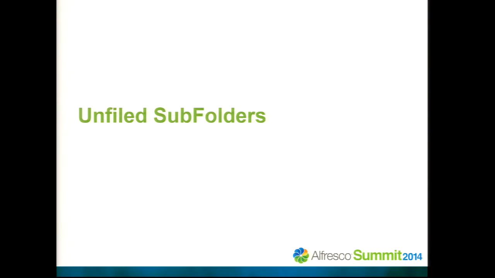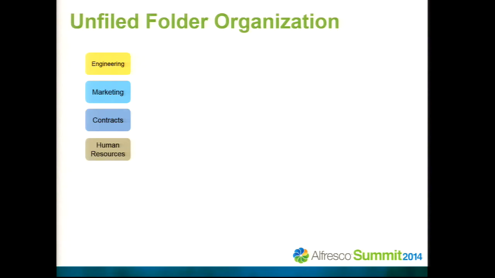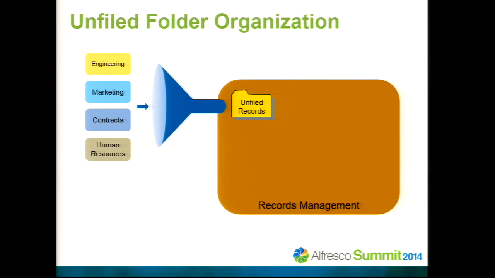Secondly, we've changed how the unfiled folders work. As you might recall from last year, or if this is new to you, when you declare a record in the content management system, it puts the record into a special place in the records management file plan called the Unfiled Records folder.